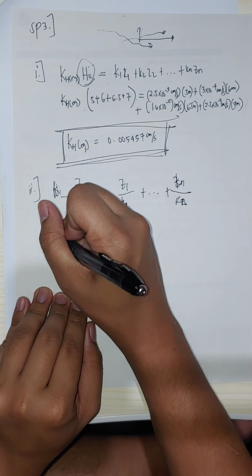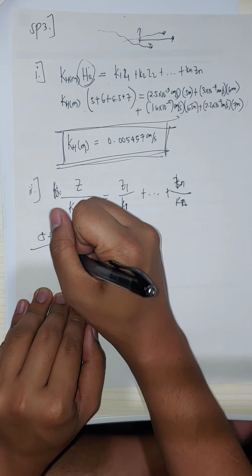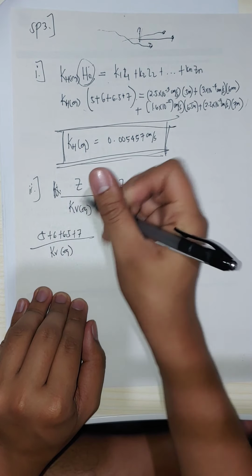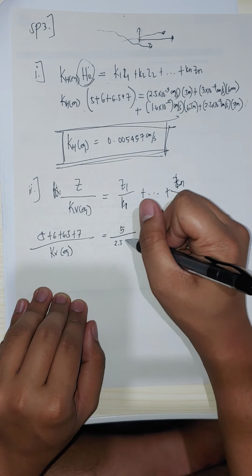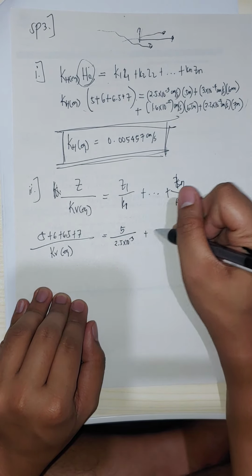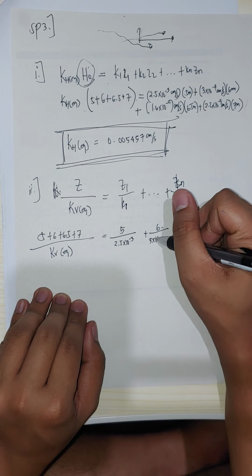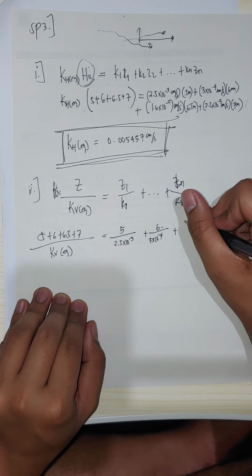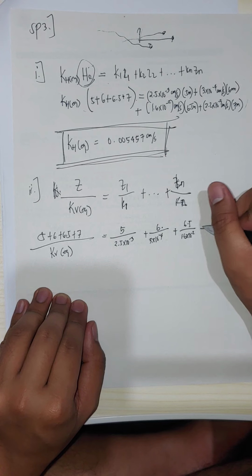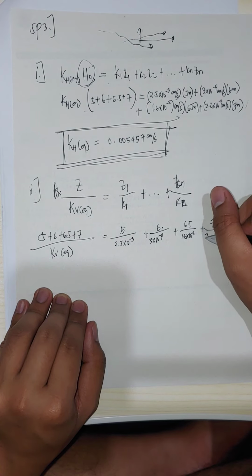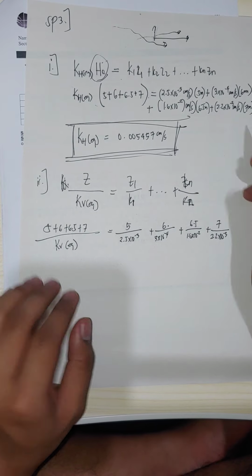So we have the 5 plus 6 plus 6.5 plus 7 over the equivalent vertical or the perpendicular, is equal to 5 meters over 2.5 times 10 to the negative 3 plus 6 over 3 times 10 to the negative 4 centimeters per second plus 6.5 over 1.6 times 10 to the negative 2 centimeters per second plus 7 meters over 2.2 times 10 to the negative 3 centimeters per second.